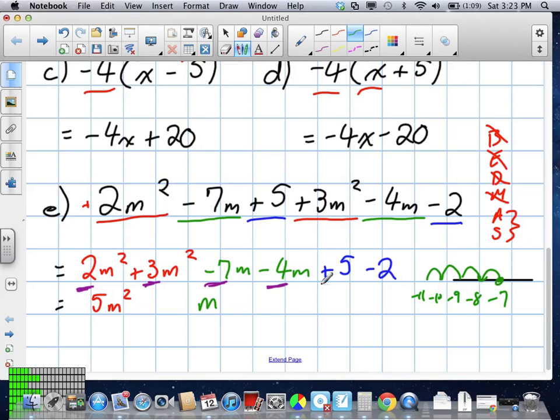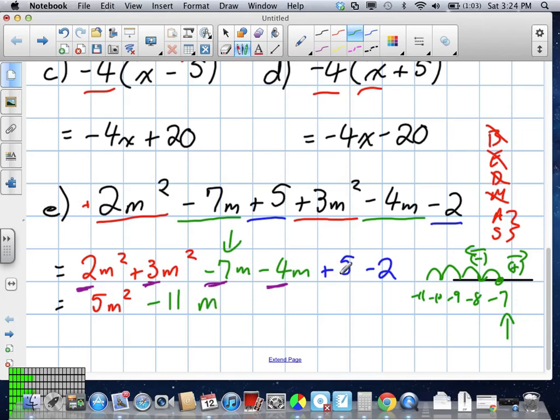I always get confused. Always start at whatever the first term is. So the first term was negative 7, so we started there. And then look at what the operation is. If it said plus 4, we'd go in a positive direction. It said minus 4, so we went in a negative direction. So we started at negative 7 and we went backwards 4. So our term will actually be negative 11m.